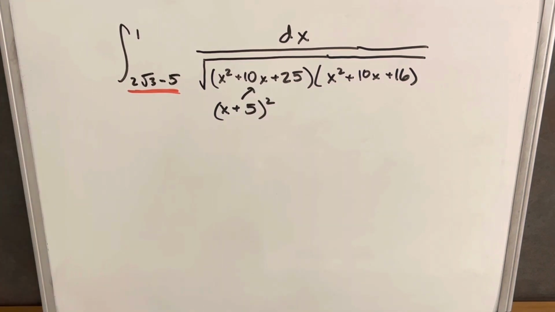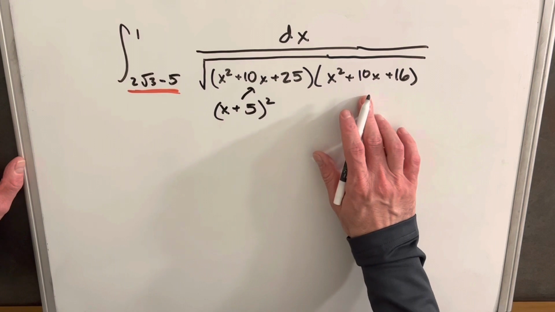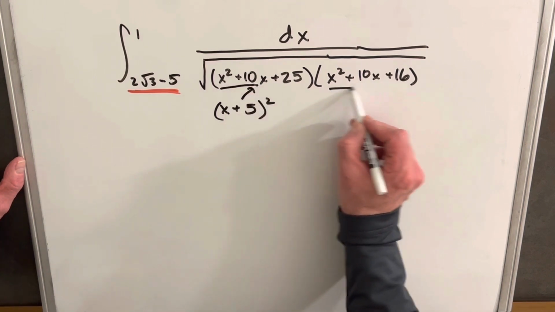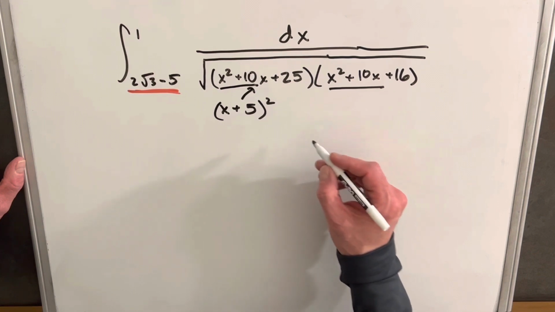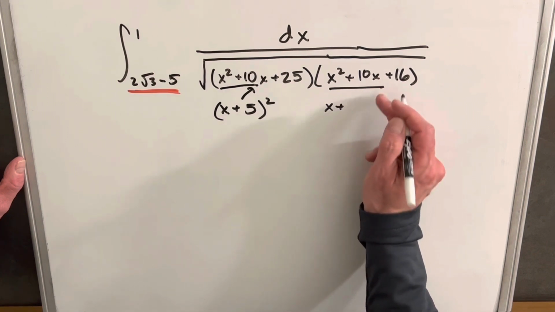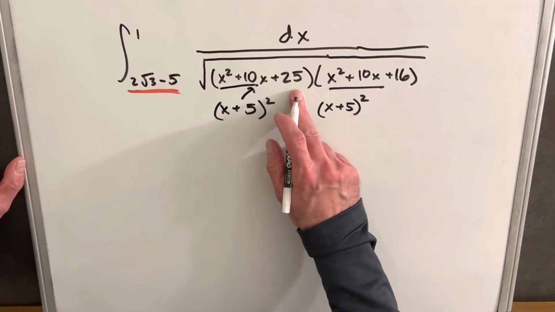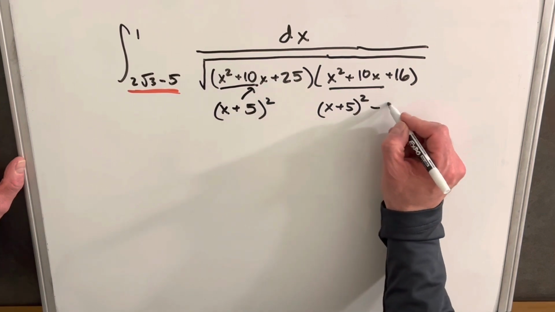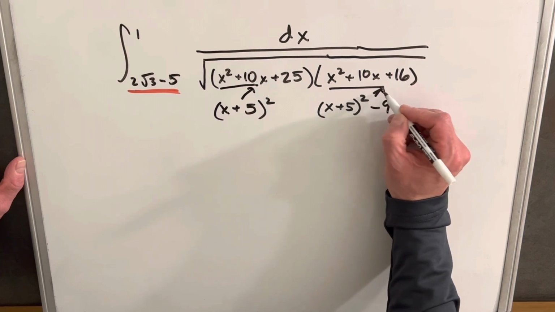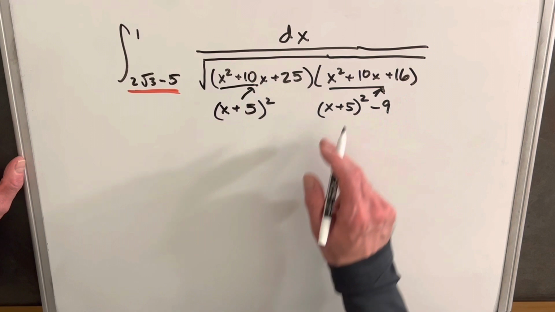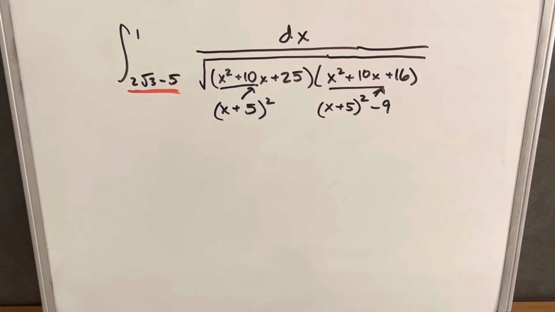Now the second piece we can't factor quite as easily, but because this part and this part are exactly the same, we can complete the square, or we could just say, if we take this and subtract 9 from it, you get exactly that, right? Because 25 minus 9 gives you the 16. So this is another way to write this.